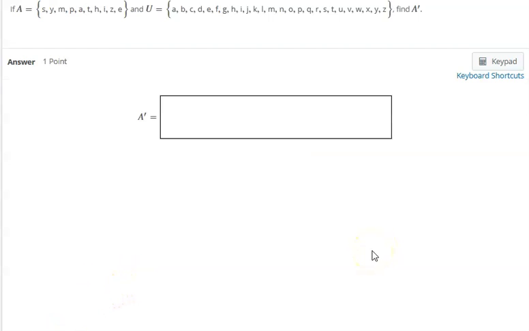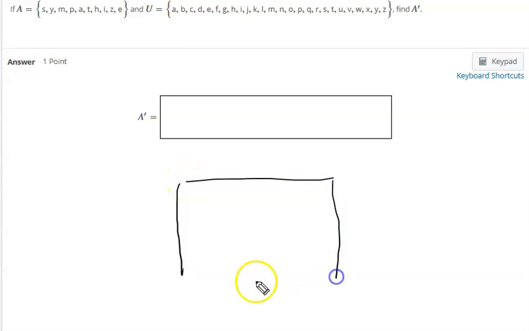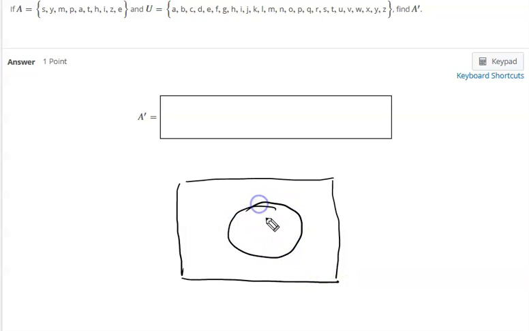Now here we're looking at sets of letters, and again, for review purposes, let's make a Venn diagram. And this will be set A. This is the universe. And what is not in set A is considered a complement.